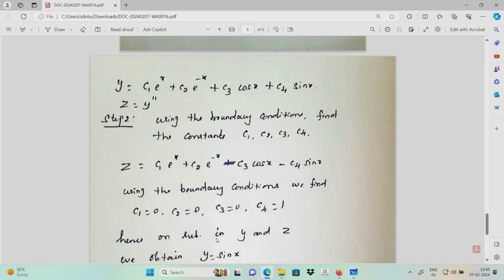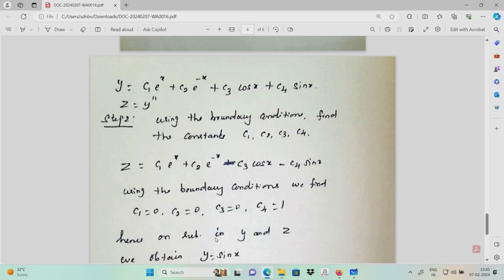For two distinct roots, a e power m1x plus b e power m2x, and then for real and imaginary, e power alpha x into a cos beta x plus b sin beta x. On substituting this, we have the solution y is equal to c1 e power x plus c2 e power minus x plus c3 cos x plus c4 sin x.